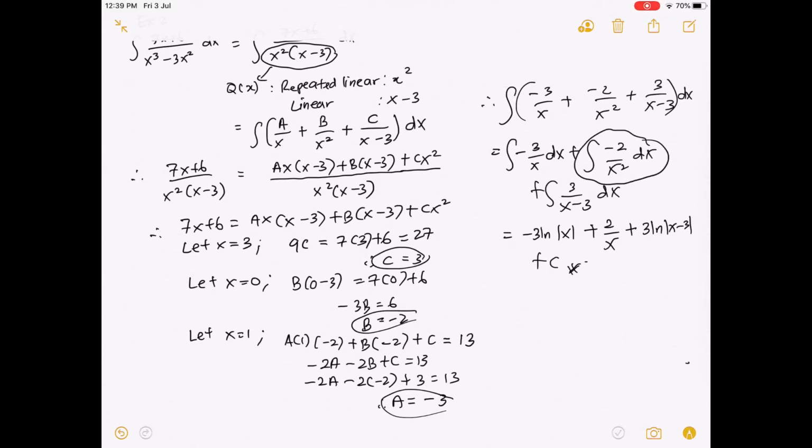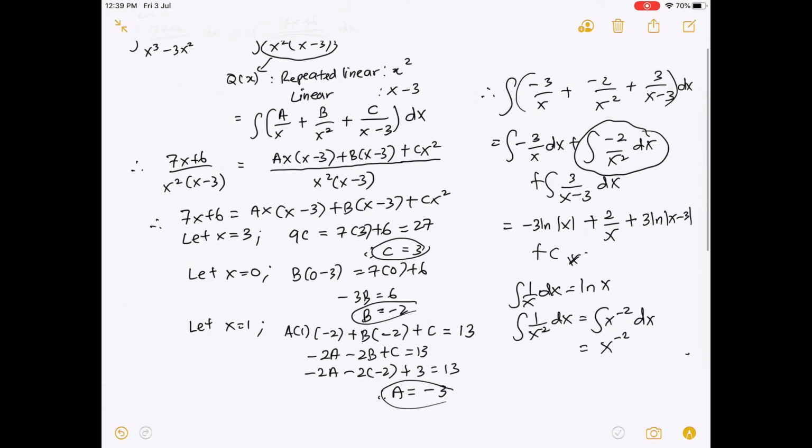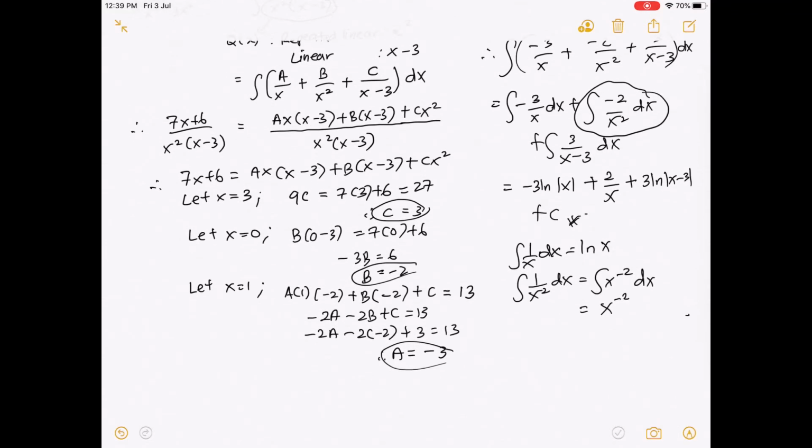Okay, why is this not the ln? Because it is not in terms of x. Okay, the integration of 1 over x dx is ln. However, the integration of 1 over x squared dx is actually the integration of x to the power of negative 2. So this is generally an algebraic function, with the power of negative 2.